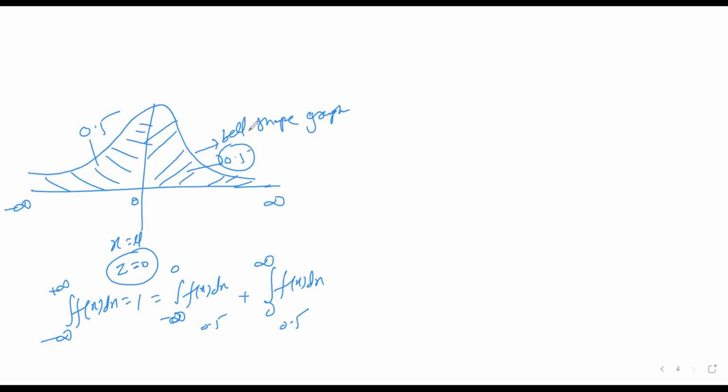It's a bell-shaped graph, symmetric about the z equal to 0 line. And this distance is called the ordinate.